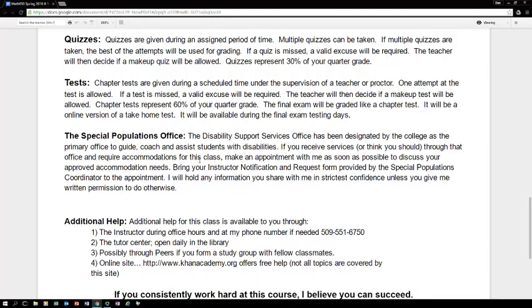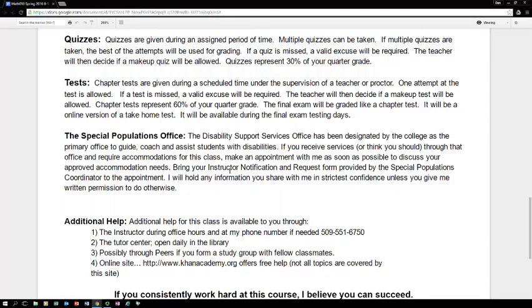So just a note about Special Populations Office. There is a Disability Support Services, and this is in Wenatchee Hall. This is a good resource, especially if you have any issues around testing under pressure, those kinds of things. If you have some accommodations for extra time, those kinds of things.